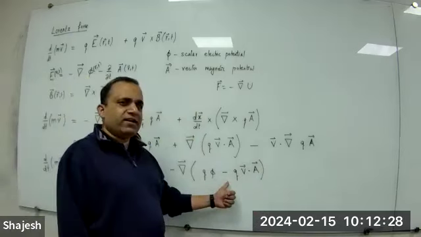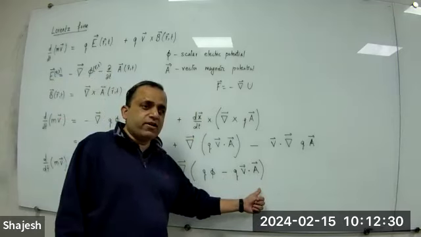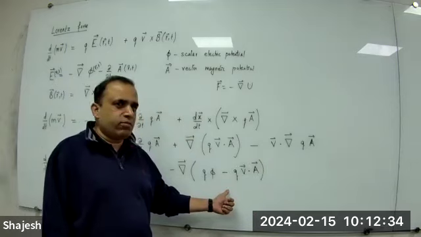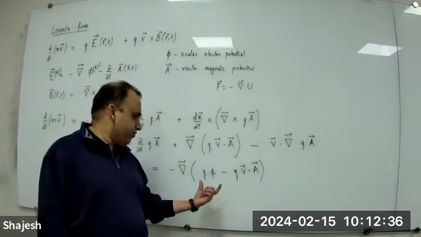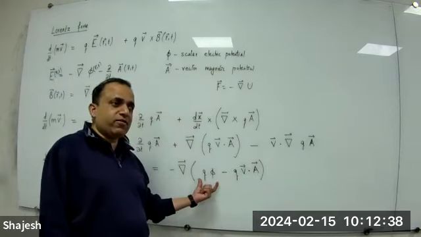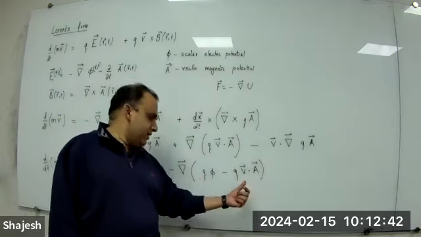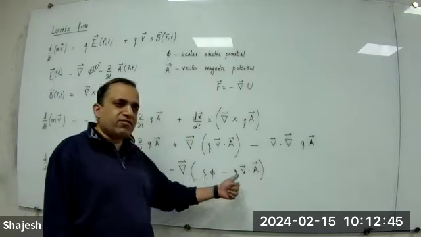Notice the negative sign here. This is going to become the potential energy. Okay, very quickly, within a step or so, this will become the electric potential energy, magnetic potential energy. Notice there is a difference in sign.